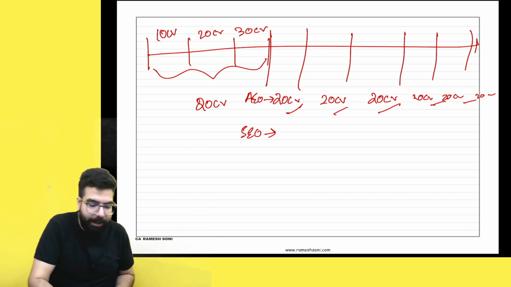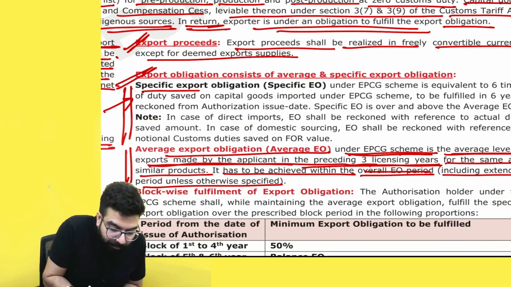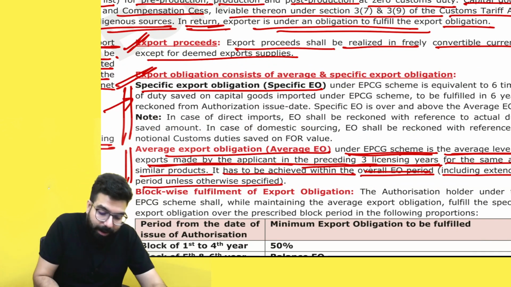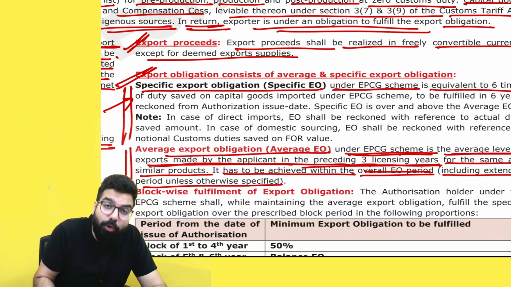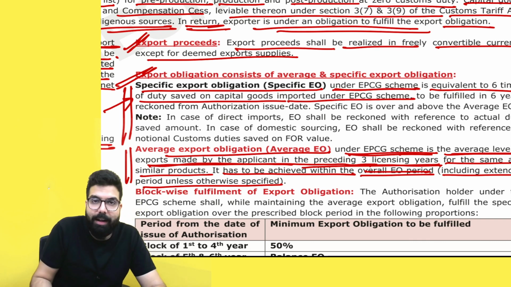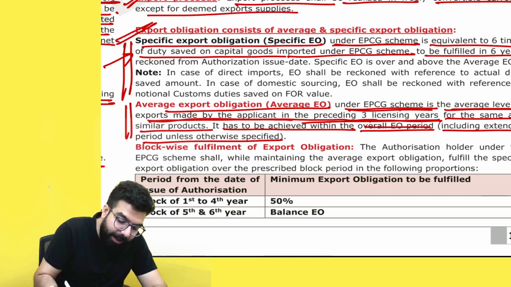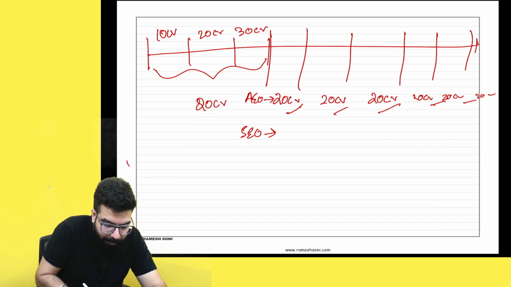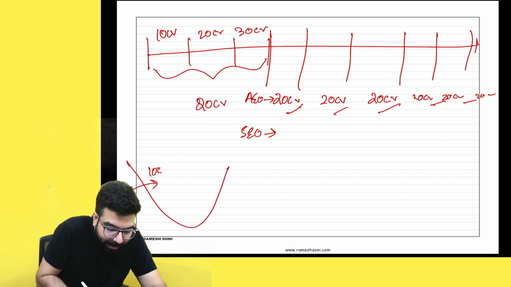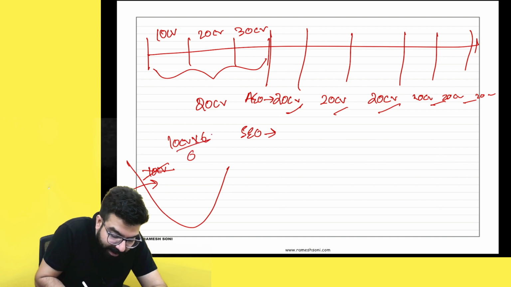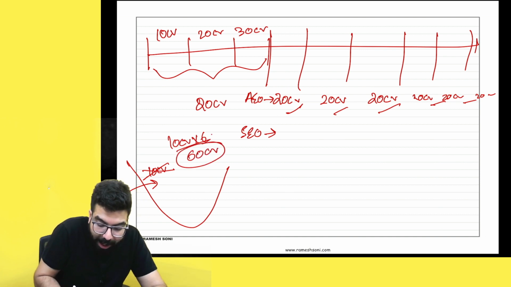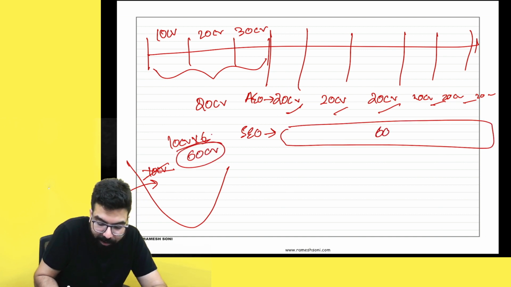Plus, specific export obligation under the EPCG scheme is equivalent to 6 times the duty saved on the capital goods imported under the EPCG, to be fulfilled in 6 years. Means if I have imported capital goods and not paid 10 crore of duty, then 10 crore into 6 times is 60 crore, and I have to earn 60 crore over a period of 6 years.